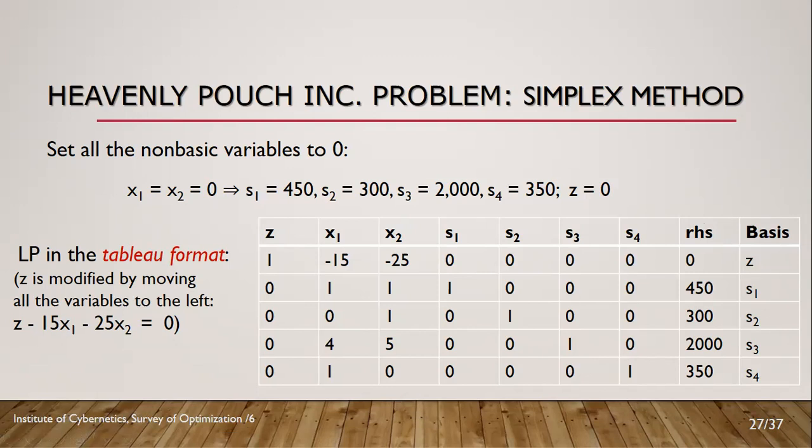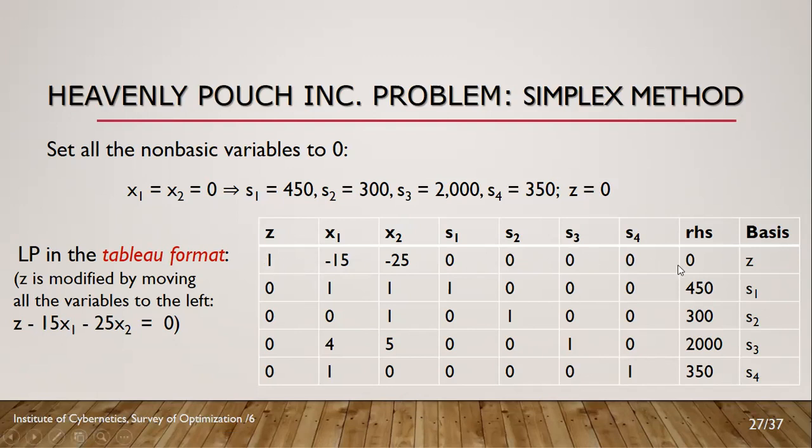Since the dictionary format is helpful for visual explanation of the ideas behind the method, and the tableau format is more handy for performing the computations, we will use both representations as we describe the steps of the simplex method further. In both dictionary and tableau formats, we number the rows starting with 0.